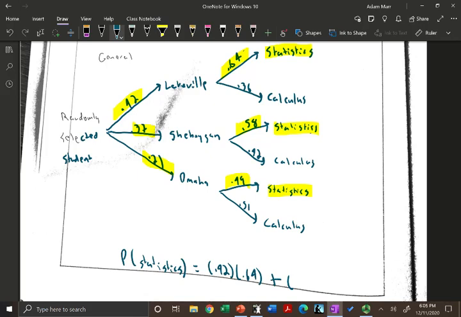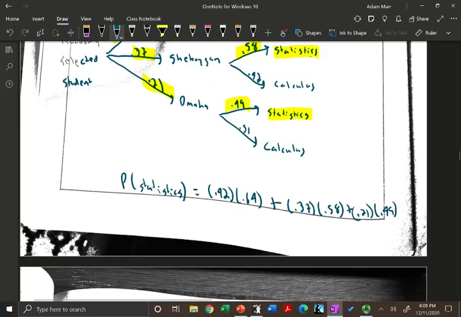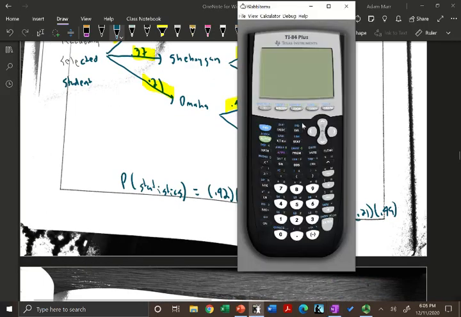So the other one is 0.37 times 0.58. And then finally we have 0.21 times 0.49. All right, so let's go ahead and calculate this. You can do this all at once if you want.